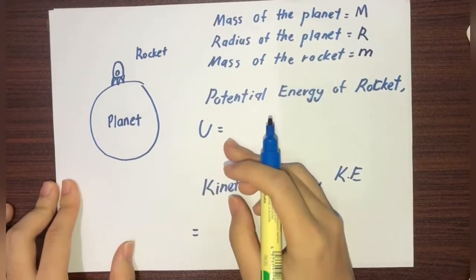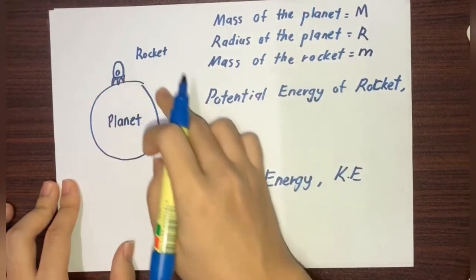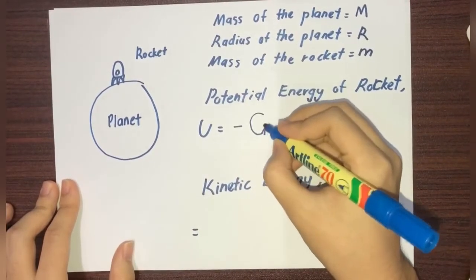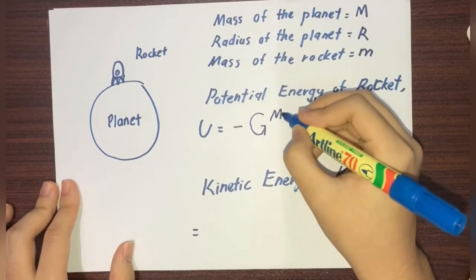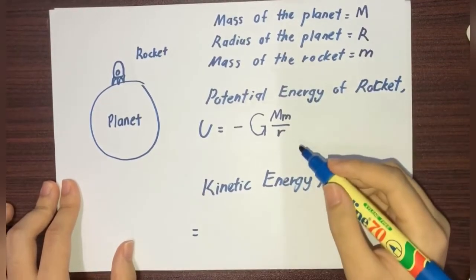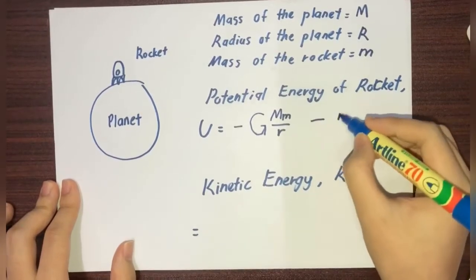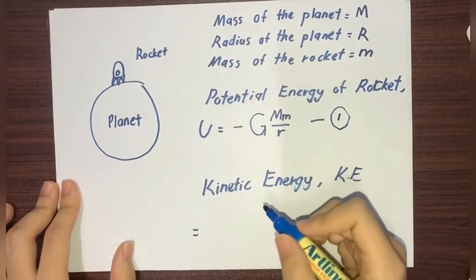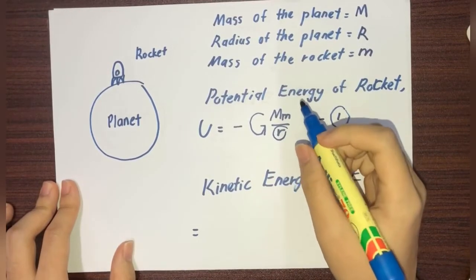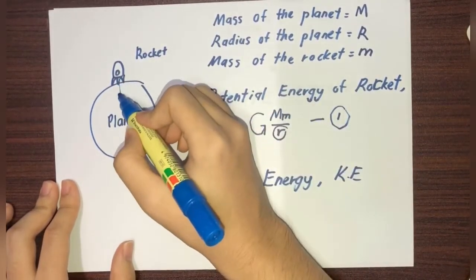Potential energy of the rocket on the surface of the planet is minus GMm upon r. Let's call this equation 1. The small r is the distance between the object and the center of the planet.